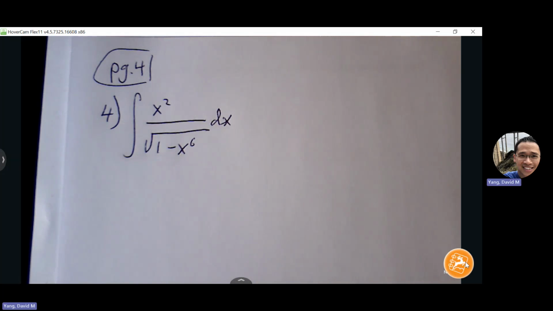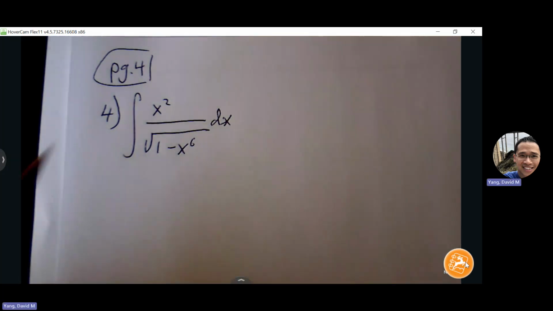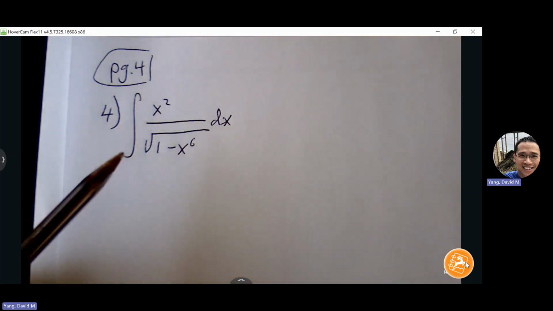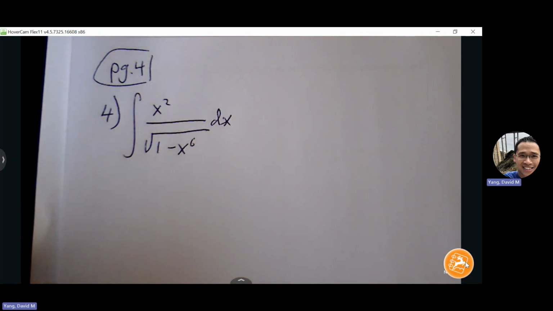Okay, so number 4, we can't expand this, right? Power rule, there's too many terms in the denominator. How do we know that this is not a U substitution problem?